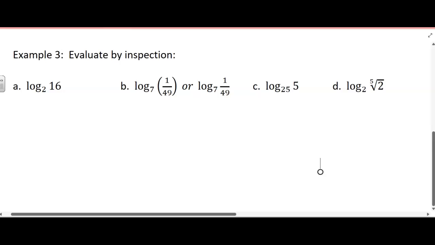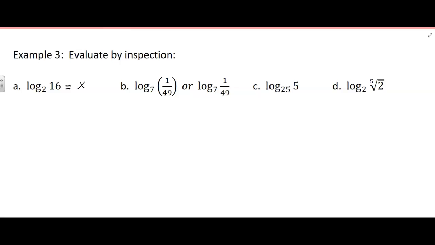Okay, now it says in the directions to evaluate by inspection. For me, I usually just write it in the exponential form when I'm wanting to evaluate a logarithm. Now to do that, you can say, well, this isn't an equation. Yeah, but I could make it an equation. So what I'm going to do is say, hey, this value, log base 2 of 16, it equals something. I don't know what.